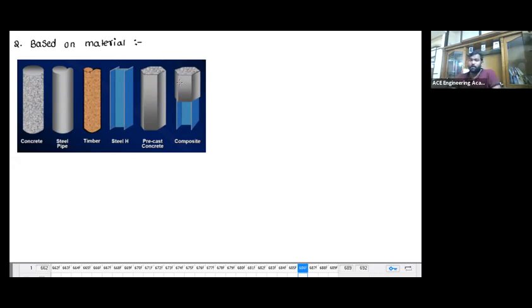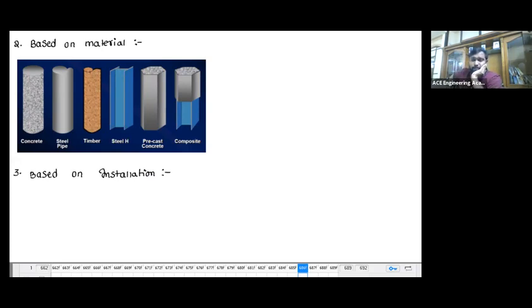Now you might wonder, sir, how are we going to drive the pile, or how are we going to install the pile? There are various ways to install the pile based on installation. Number one, precast driven pile.